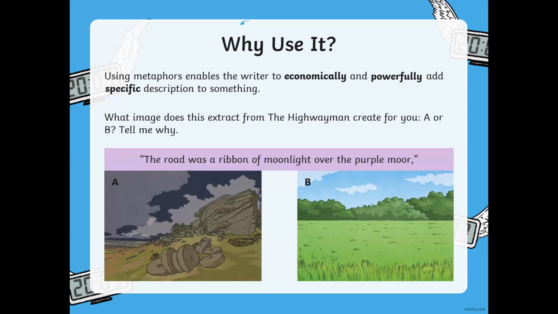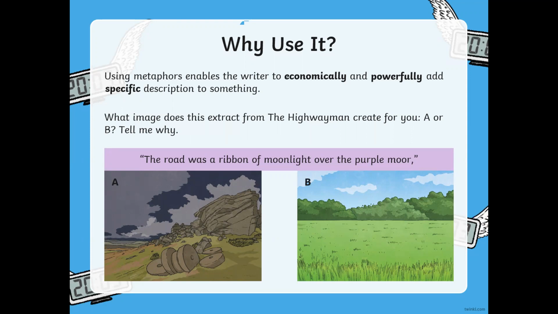What two things are being compared here, Micah? The road. Okay, good. And it says, what image does this extract from Highwayman create for you? A or B?